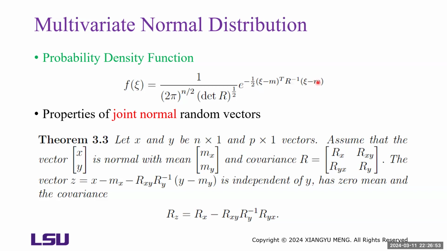We know a random vector or random variable can be completely characterized by the mean function and the covariance function.